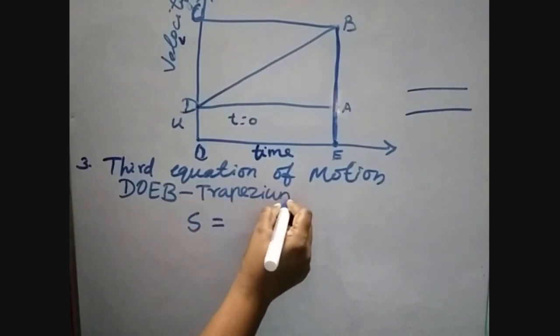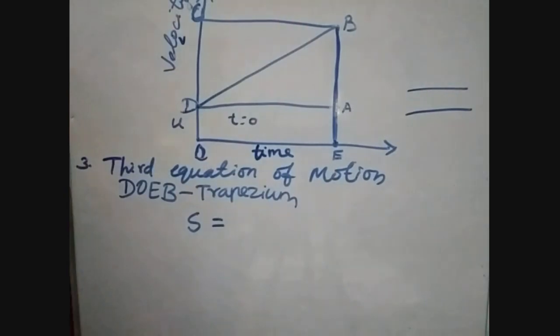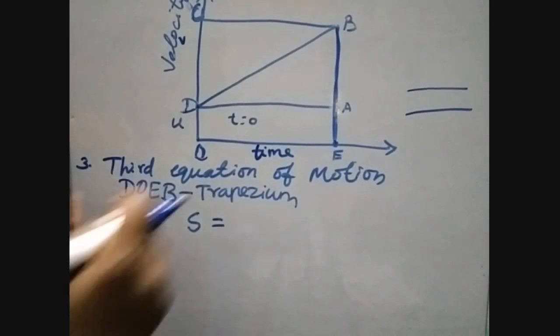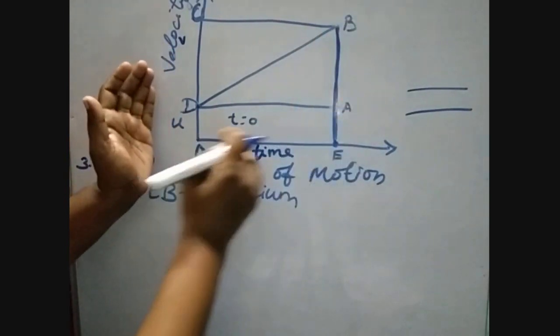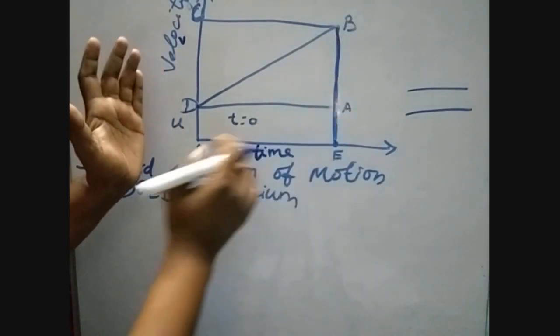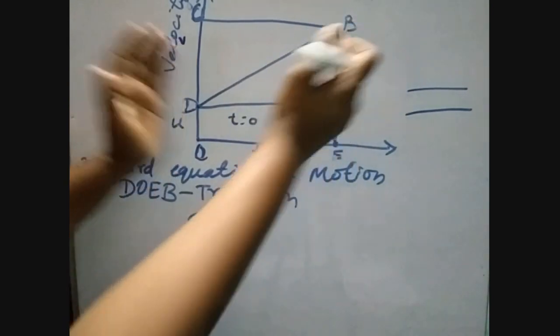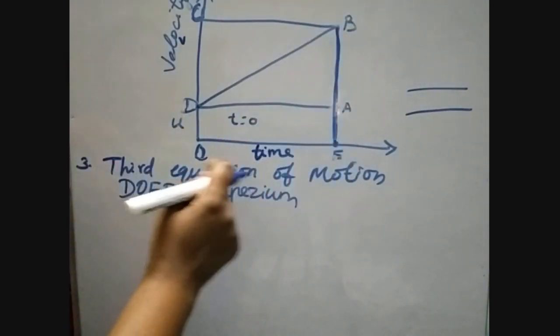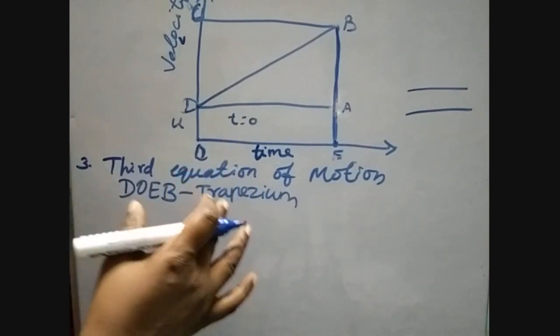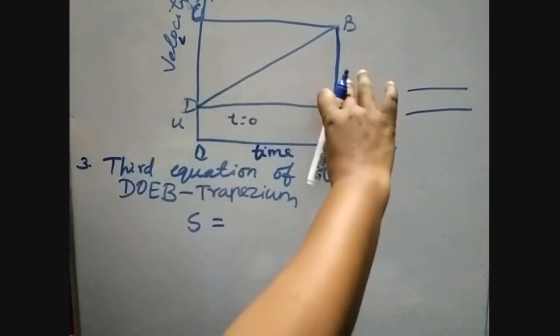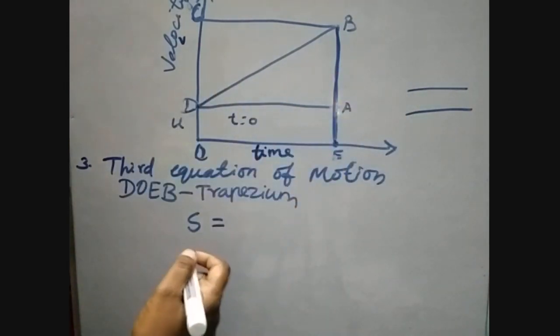DOEB is a quadrangle, but we can take this as a trapezium because one pair of sides is parallel. That is, OD and EB are parallel. A trapezium is a quadrangle that has one pair of parallel sides.